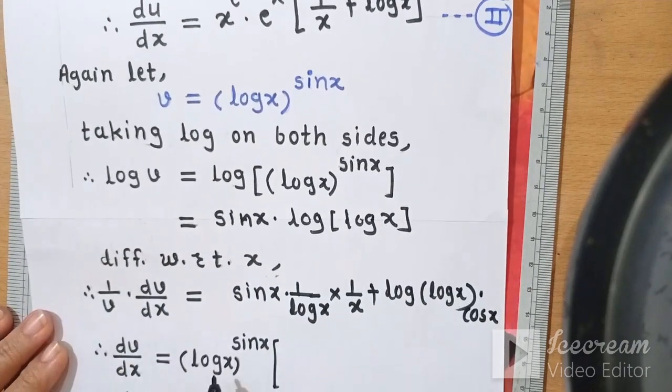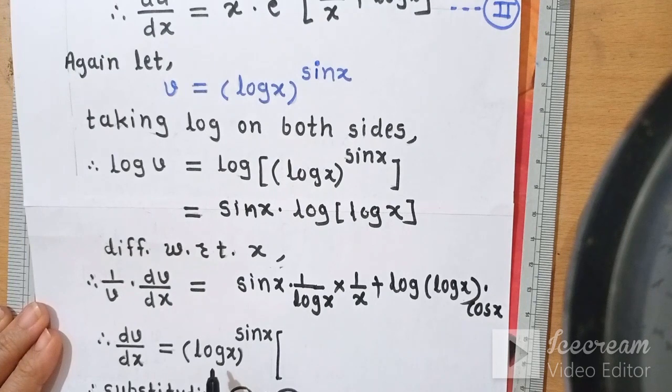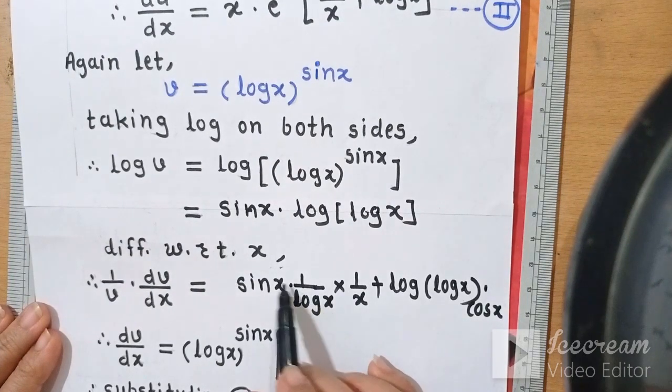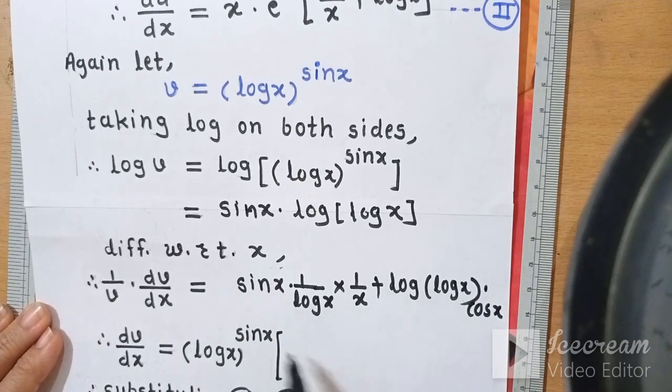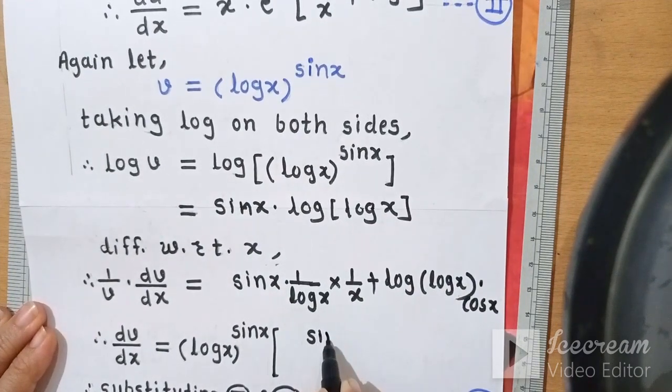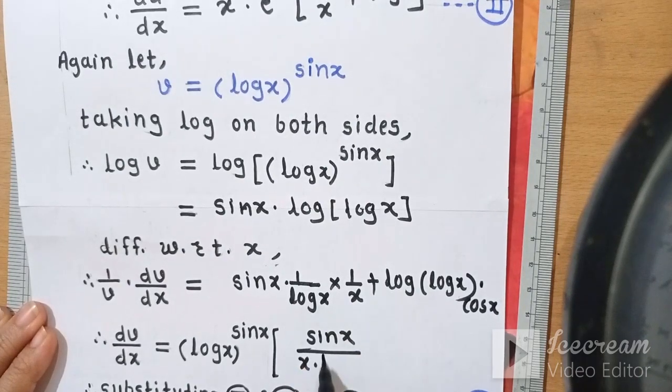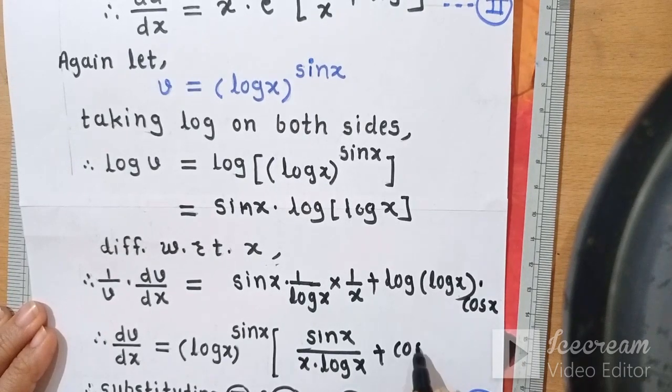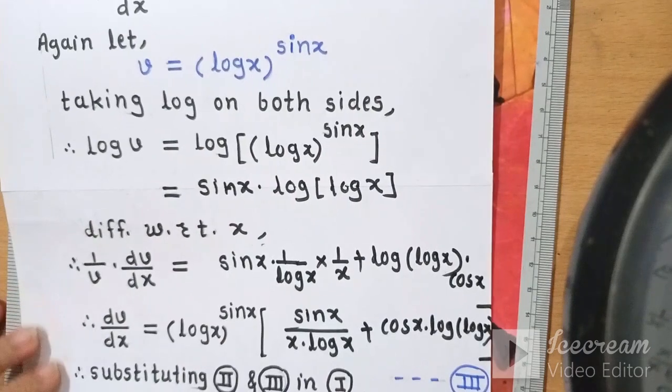Now shift this v to the right hand side, which is log of x raised to sin x, and write down this whole thing in the box bracket. So we have sin of x upon, first write down x and then write down log of x. Here first take the cos x term, then log of x, and this box bracket is complete.